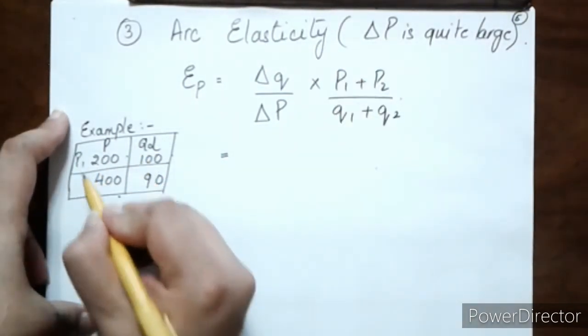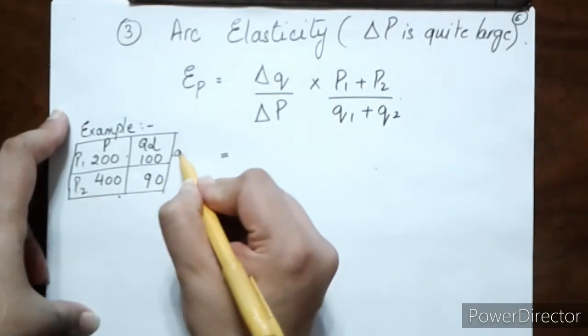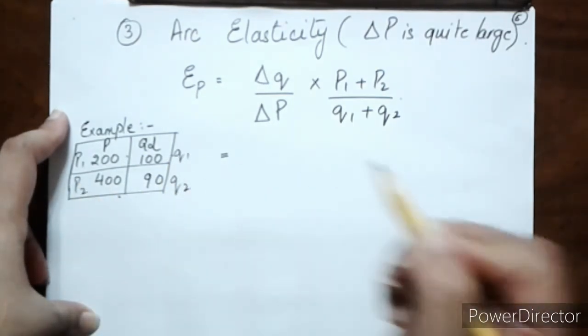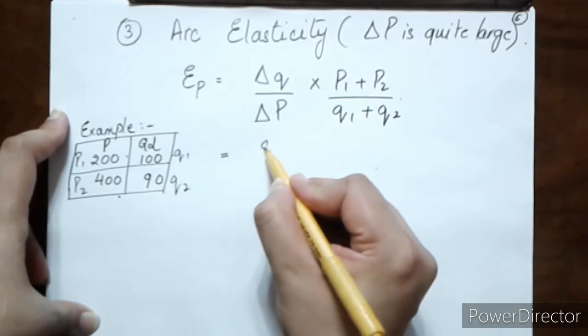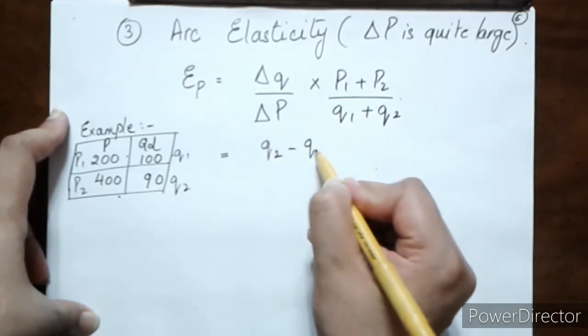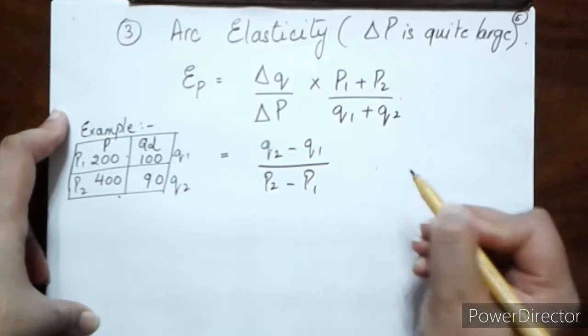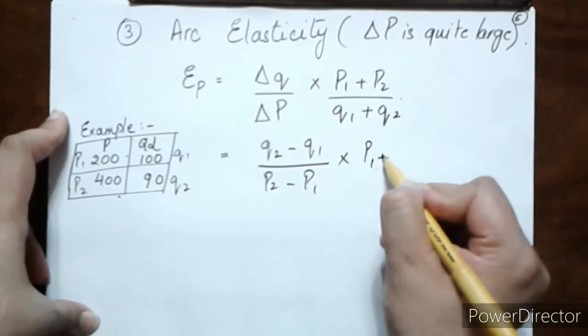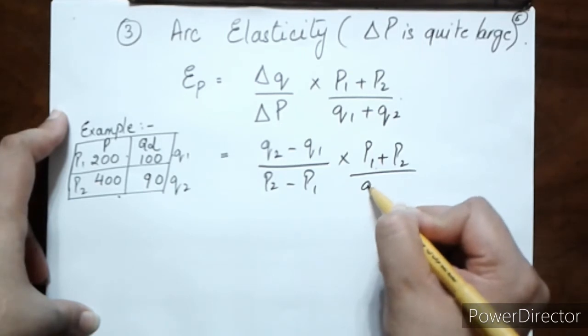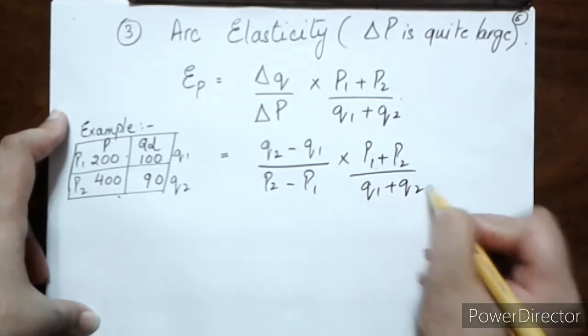This is my P1, this is my P2, this is my Q1, and this is my Q2. So change in quantity is Q2 minus Q1. Change in price is P2 minus P1. And I'll just copy these, the sum of both the prices and the sum of both the quantities.